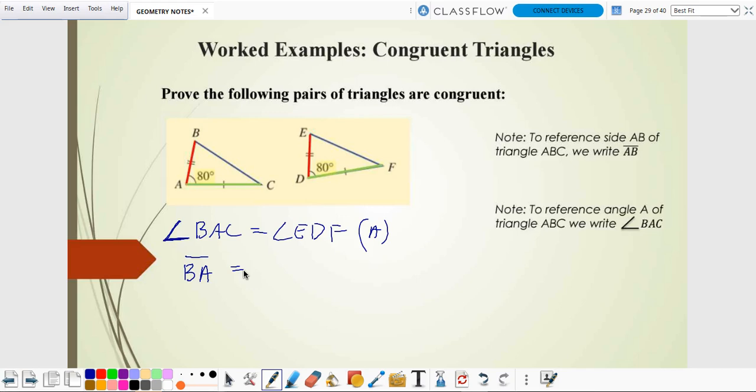Why not DE? Make sure you follow the way that you've actually named it. I'm naming this from top to bottom, so from that side to the angle, make sure you call it from that side to the angle as well. So that means it's going to be ED. And that is a side. And then the last one obviously is going to be the green side. So I'm going to be tricky again. I'll call that length CA this time. So if I've called it CA, I have to call it FD on this triangle.